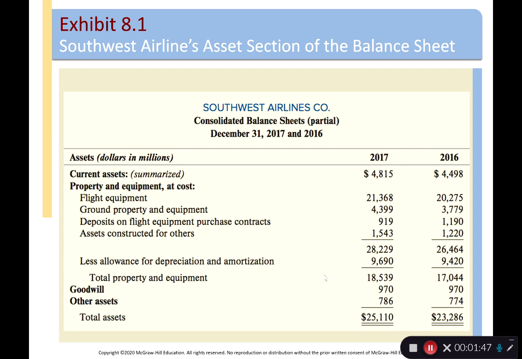So we're not going to focus on things like the deposits on flight equipment purchase contracts, but that would be deposits that they made on large planes. So that's a future asset because those deposits are going to turn into planes eventually, but it takes a long time to produce planes.